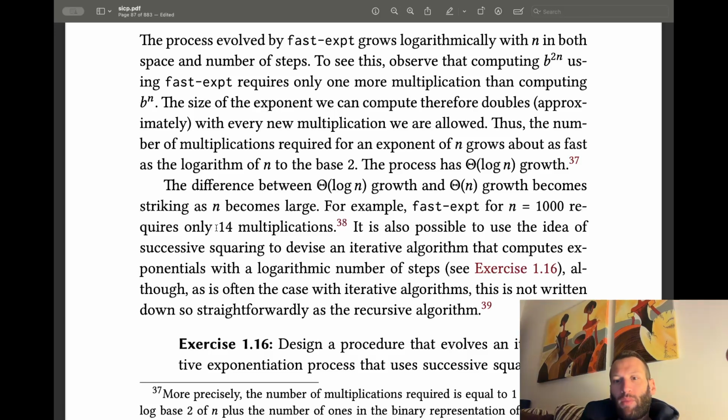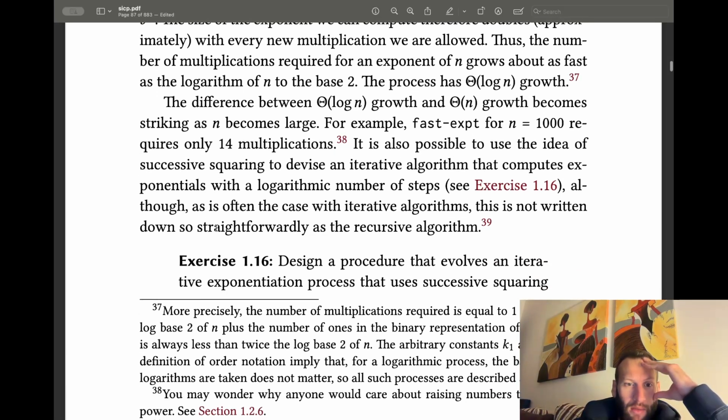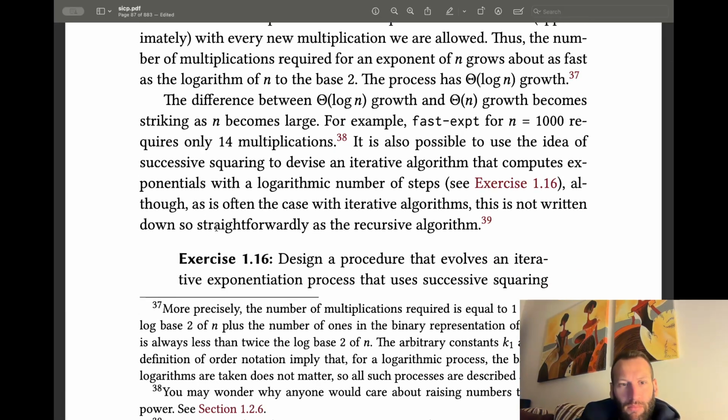It is also possible to use the idea of successive squaring to devise an iterative algorithm that computes exponentials with a logarithmic number of steps. Although, as is often the case with iterative algorithms, this is not written down as straightforwardly as the recursive algorithm. And here we have the exercises.